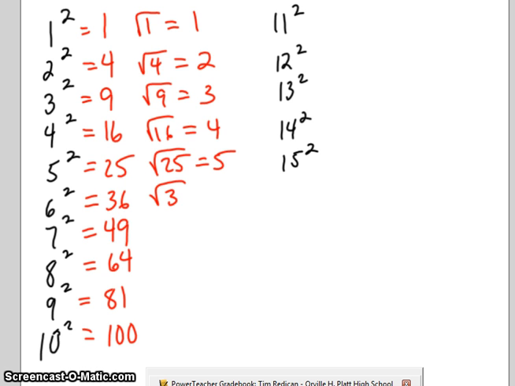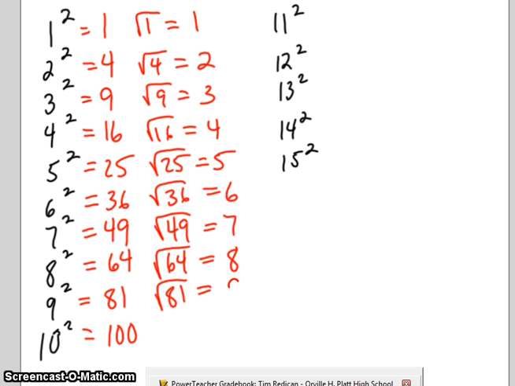Square root of 36 equals 6. Square root of 49 equals 7. Square root of 64 equals 8. Square root of 81 equals 9. Square root of 100 equals 10.